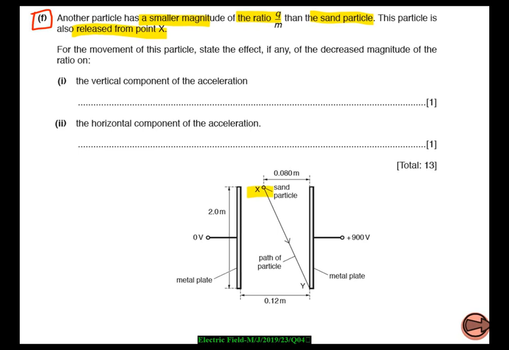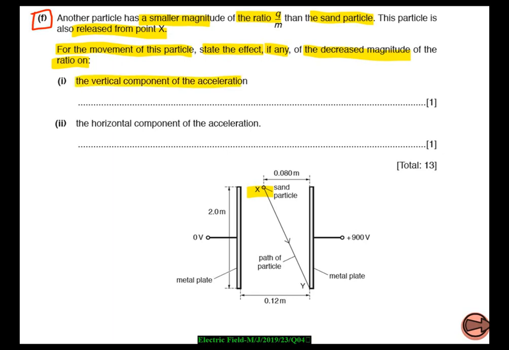The next question is telling us, for the movement of this particle, state the effect, if any, of the decreased magnitude of the ratio. Part F1 is asking us the effect of q over m on the vertical component of the acceleration. Along the vertical, there is one force acting, and that force is gravity.